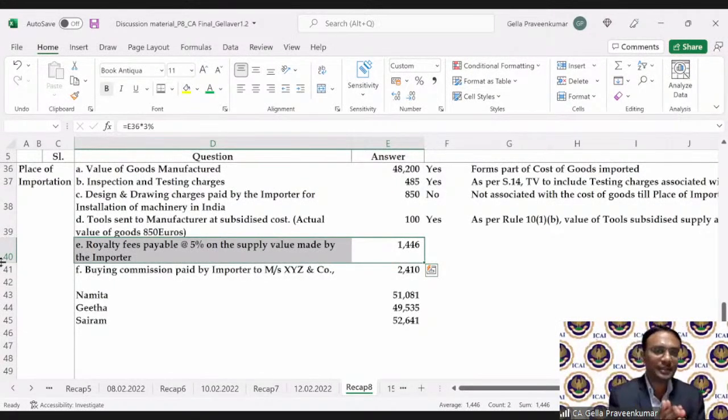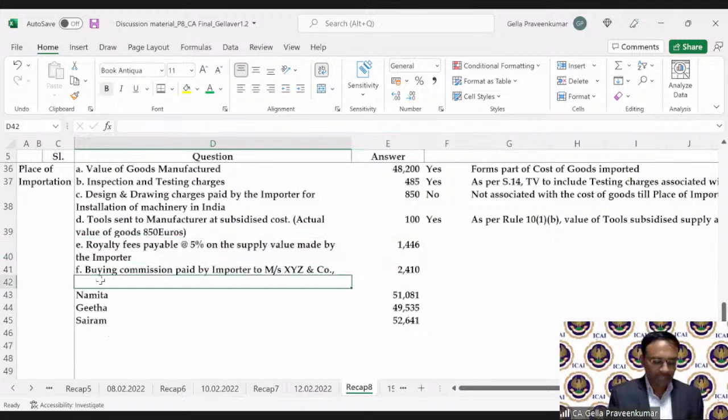Now this clause says that royalty and license fee related to the imported goods. Is this royalty related to imported goods? Yes. Whatever I have imported, after the sale, I pay back to you royalty at 5%. How much does that come to? 1,446. So this clause C says that this should be included in the price actually paid or payable. So this 48,200, if it does not include it, we have to add back this royalty.